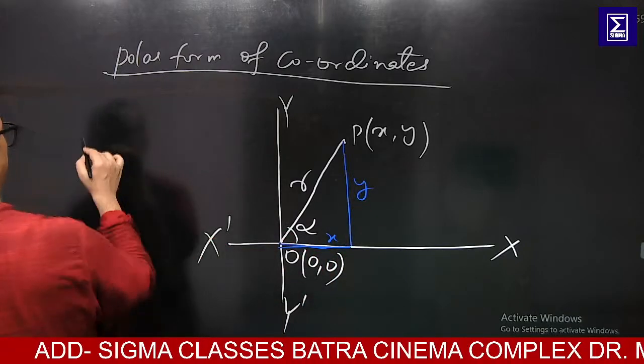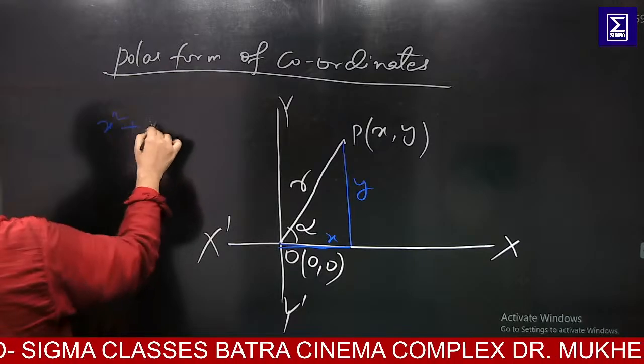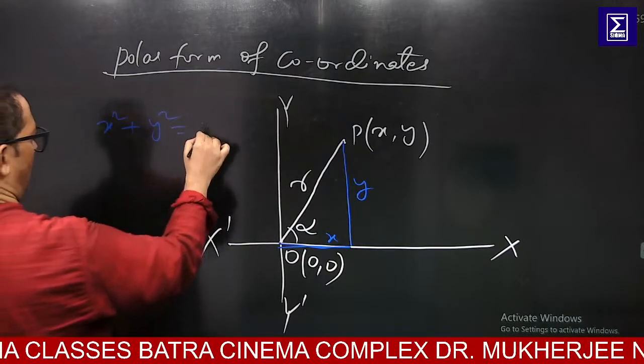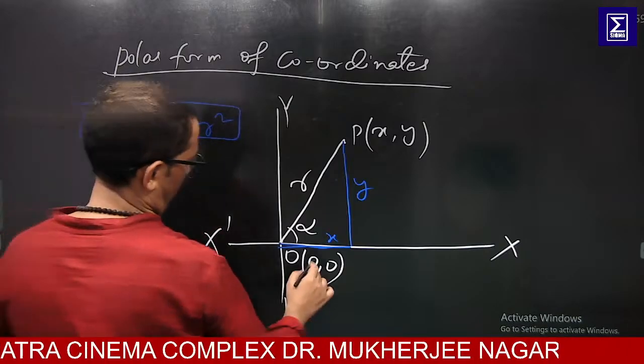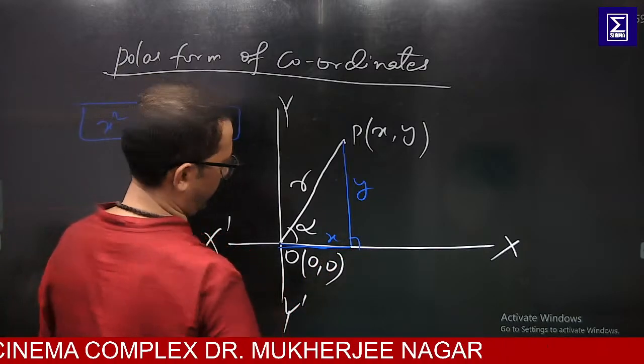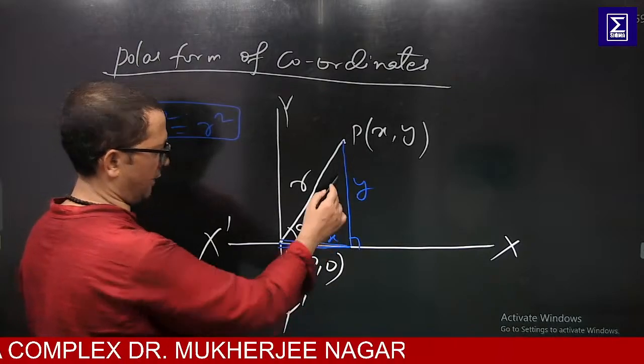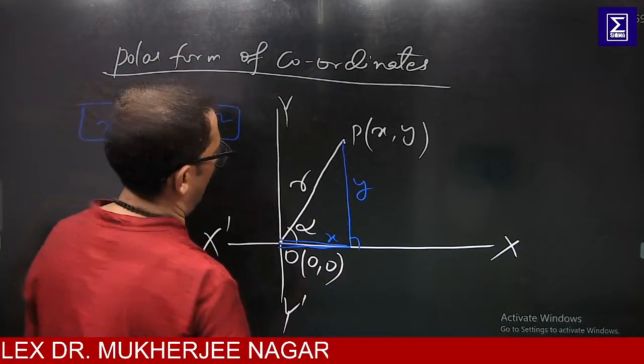So here x square plus y square will be equal to r square in the right angle triangle. This is making an angle of 90 degree. So x square plus y square is equal to r square.